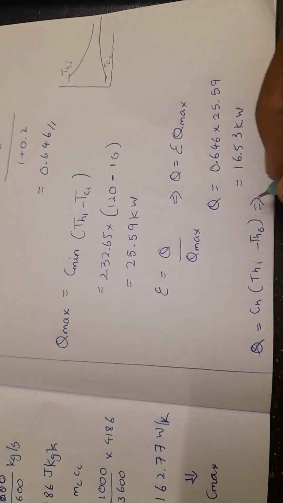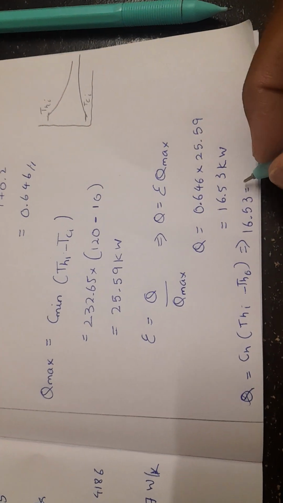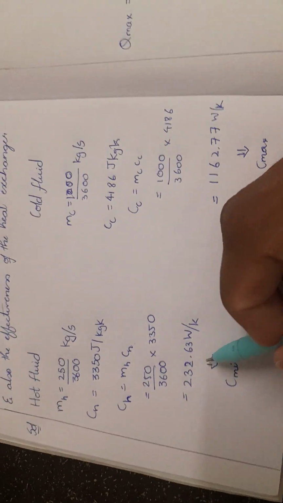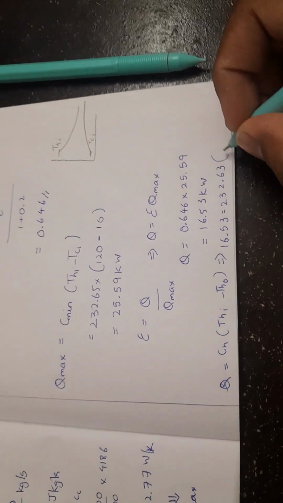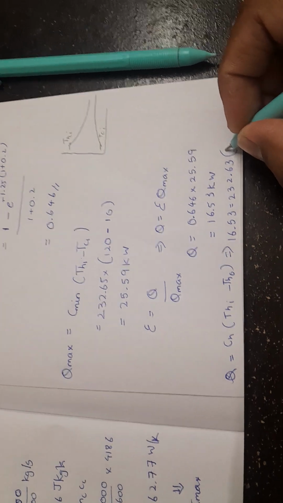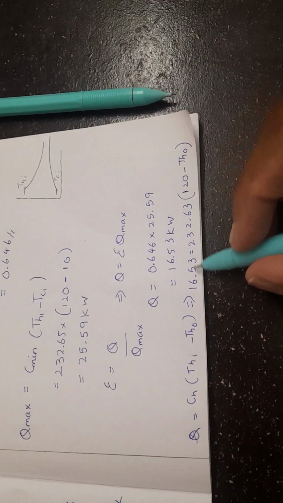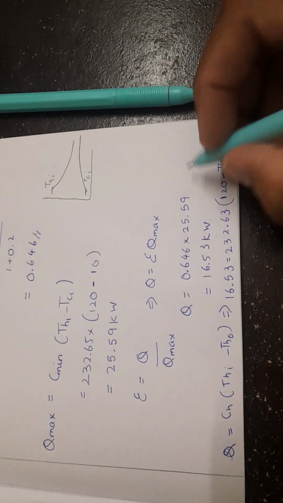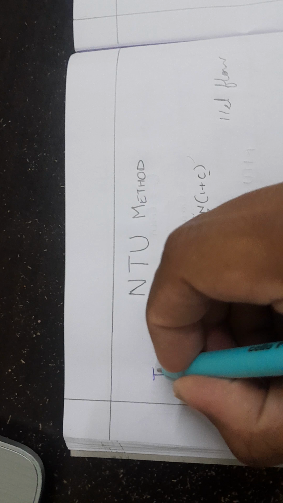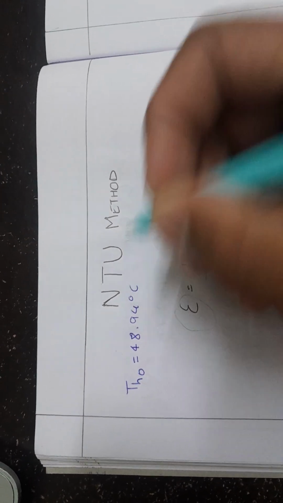So I have my Q, which is 16.53, equal to the CH I got here, 232.63, times my inlet temperature, 120 minus THO. From here I would be getting the exit temperature of the hot fluid. THO would be 48.94 degrees Celsius.